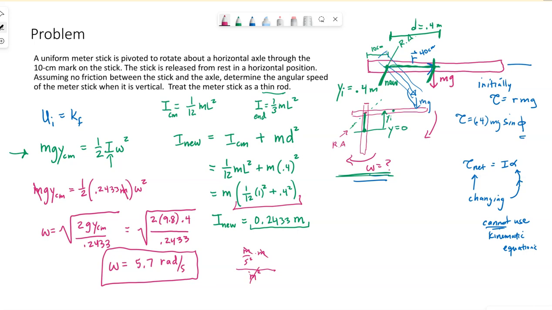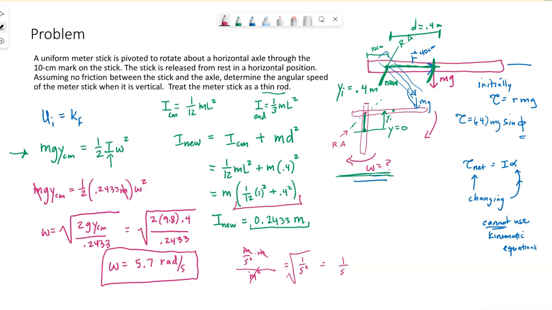So the meters squared are canceling and leaving us with 1 over second squared, which we in turn take the square root of. So technically I'm getting 1 over seconds. The radians are implied. Radians are not a true unit, and so we can write them or not write them. They're implied in the answer. I tend to write them so I know that I've been thinking in terms of radians and not revolutions. So the angular speed at the bottom is 5.7 radians per second.